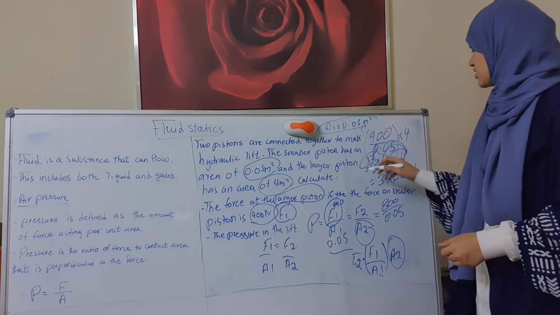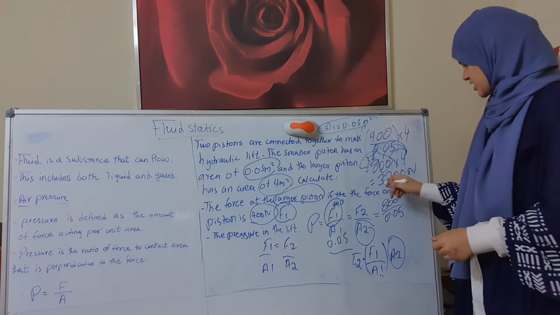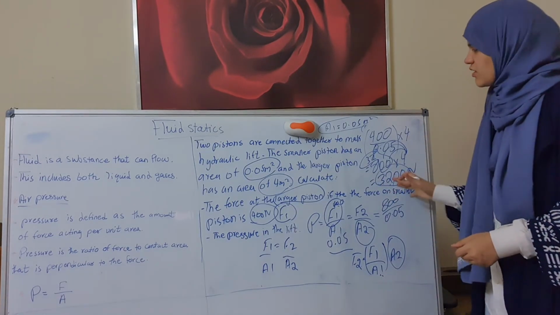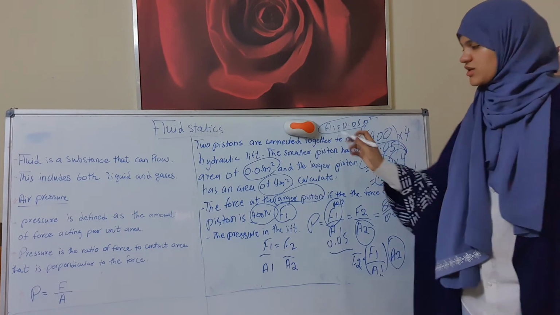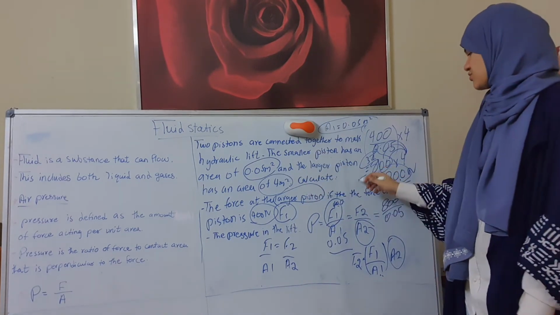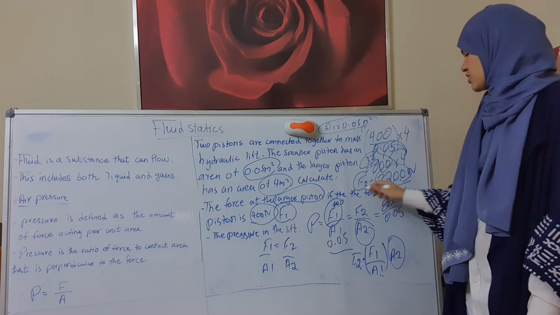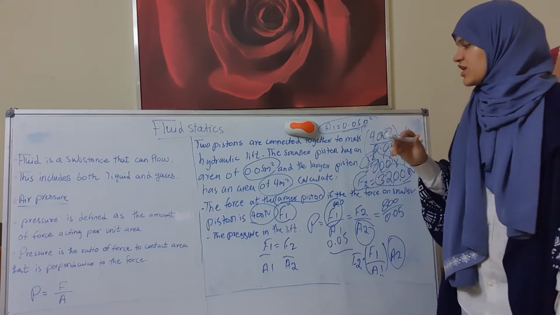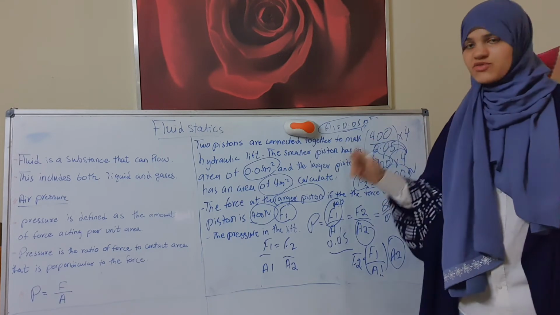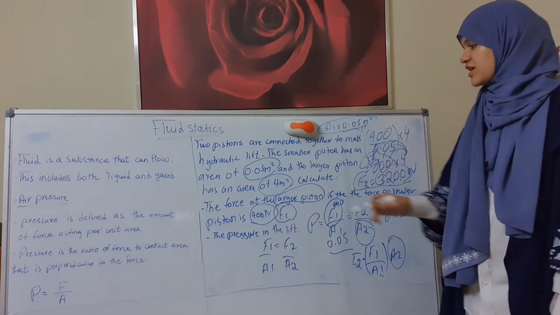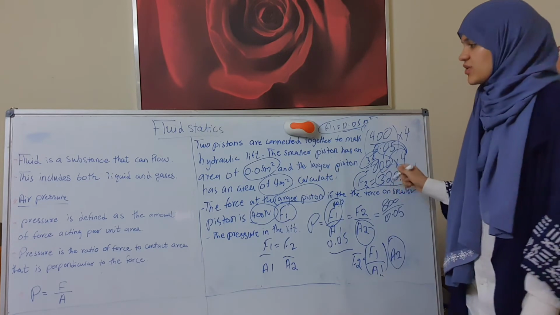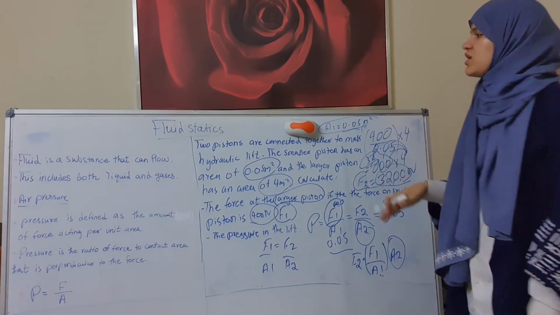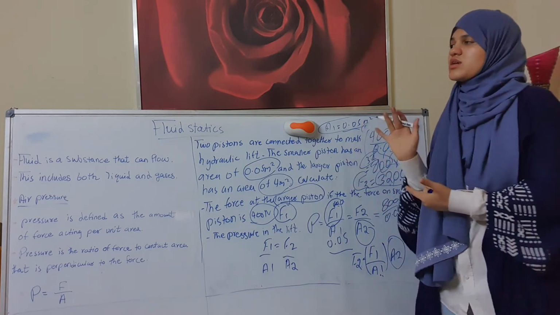This is the final answer for the force at the larger piston, F2. Okay, A1 we already know 0.05, A2 is 4, F1 is 400, F2 is 3200, and pressure P is 800. So this is the answer for this question.